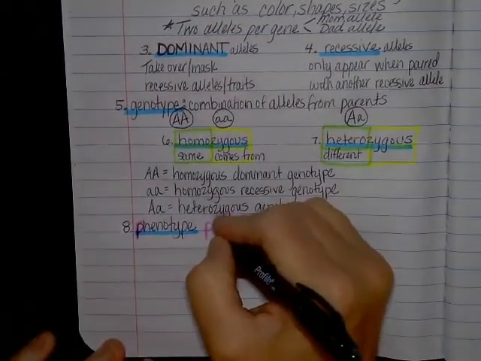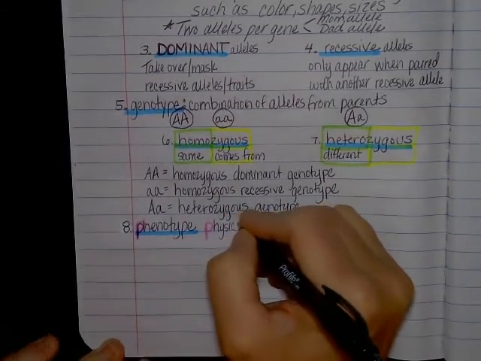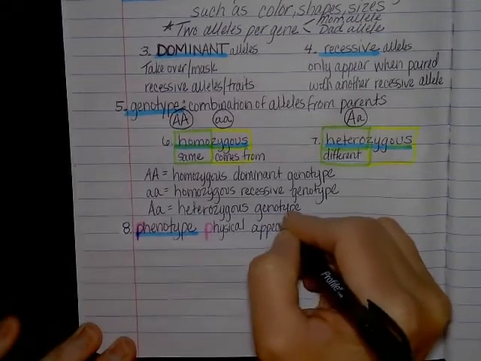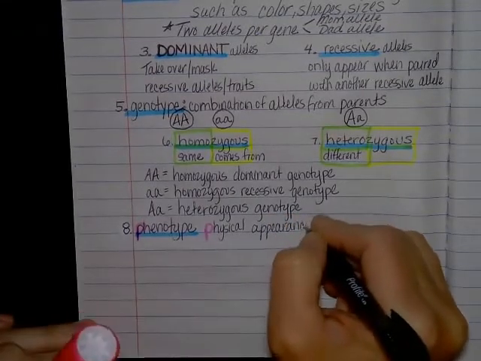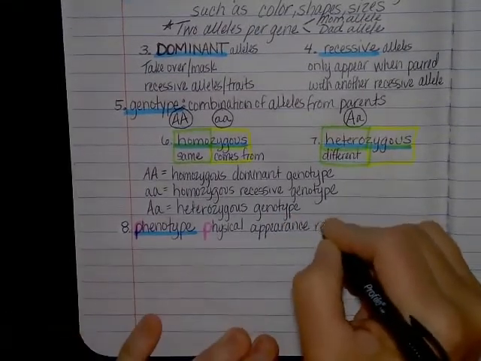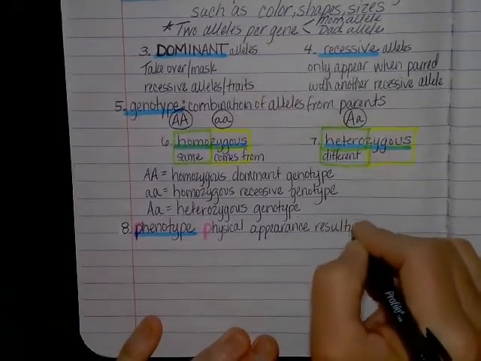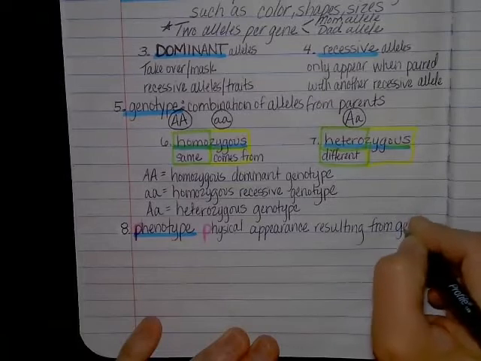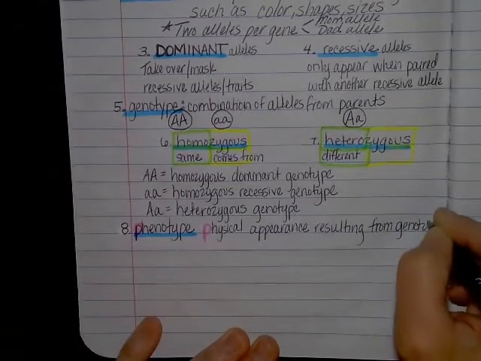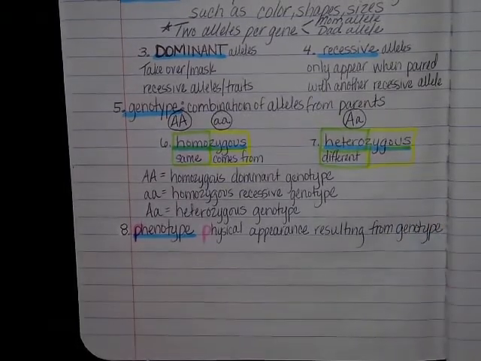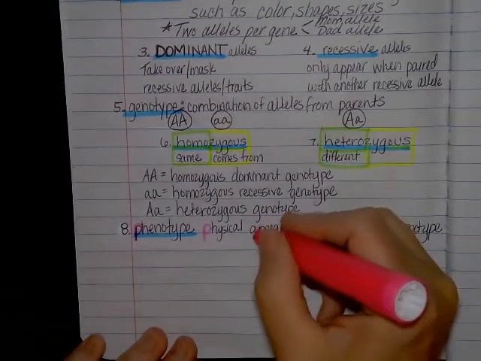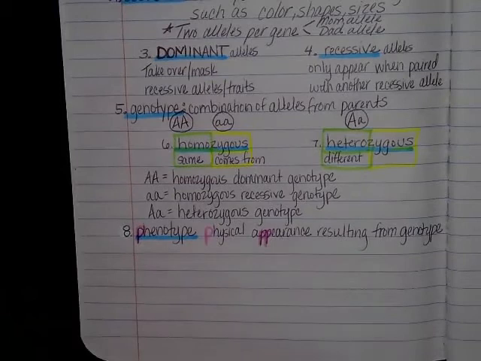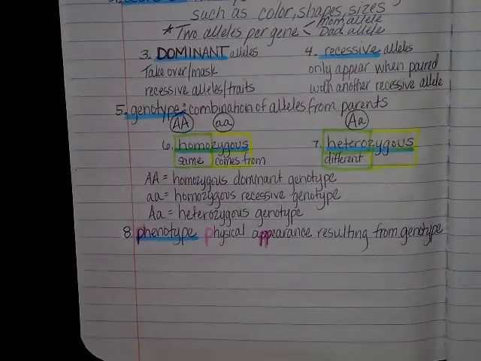Phenotype is the physical appearance resulting from the genotype. So the genotype combination produces a certain appearance. So remember, all those P's. Physical appearance is what phenotype means.